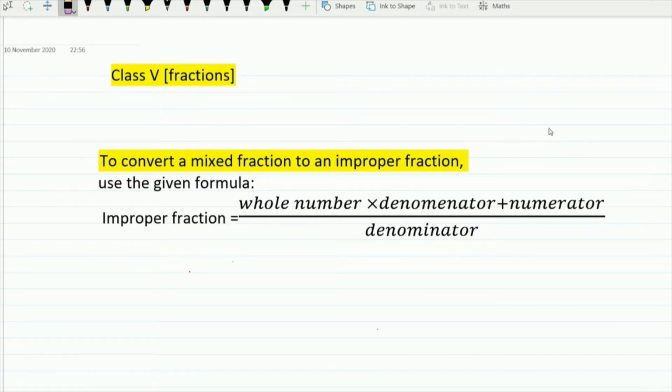First one is convert mixed fraction to improper fraction. Second one is convert improper to mixed fraction.